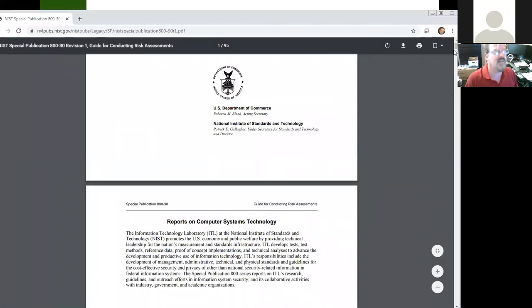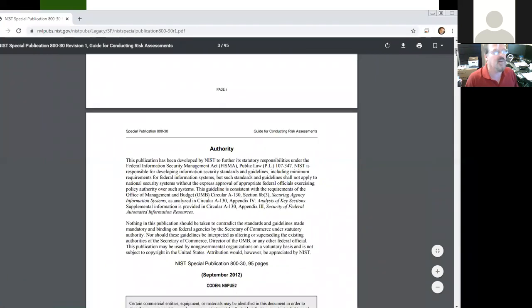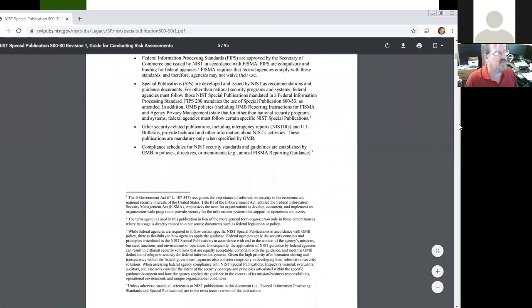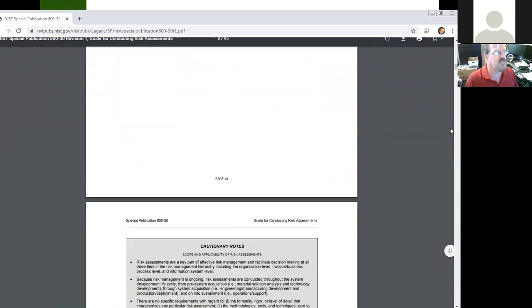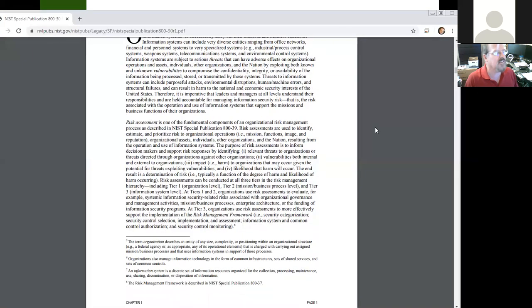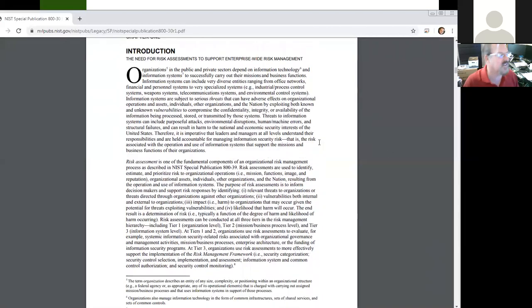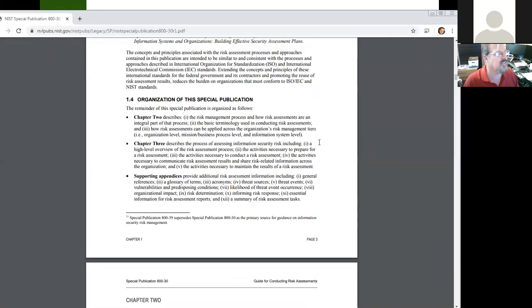Most of it is describing what it is, and the government, we don't have any liability if you screw up by using our rules. But you can scroll through about the first 15 pages here, which means nothing, and start right here. This is a little abstract as to why you need to do risk assessment.